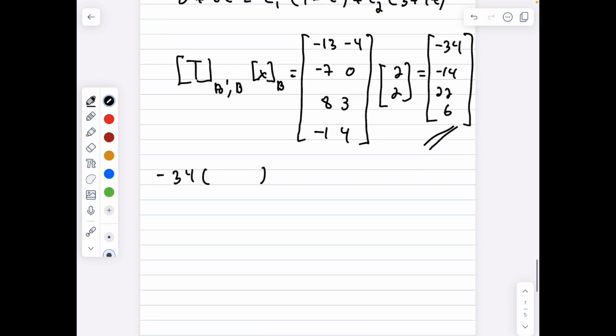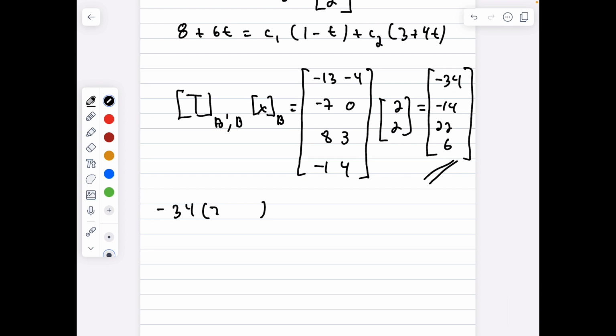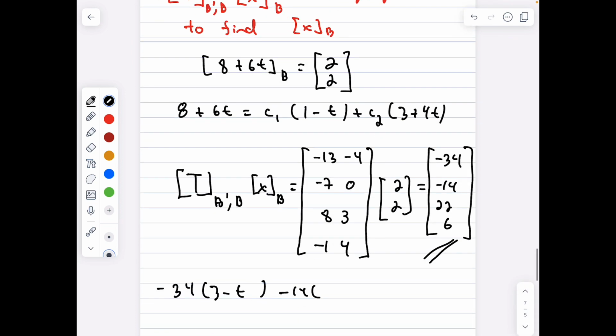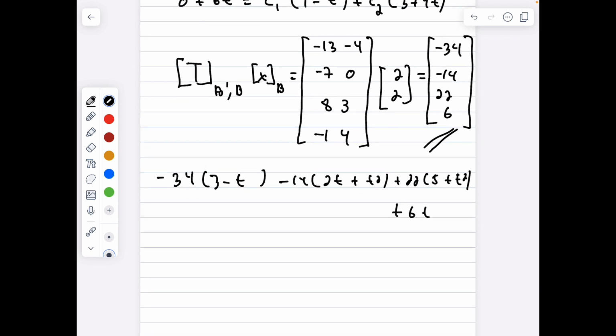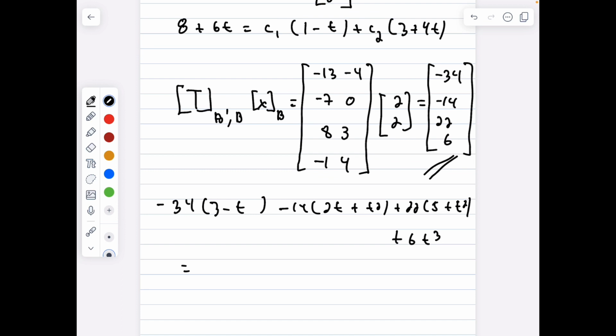So you would have minus 34 times (3 minus t), minus 14 times (2t plus t squared), plus 22 times (5 plus t squared), and then finally plus 6t cubed. And if you did all that, you would get the result of 8 plus 6t plus 8t squared plus 6t cubed. Okay, that's what you'd get out of that.